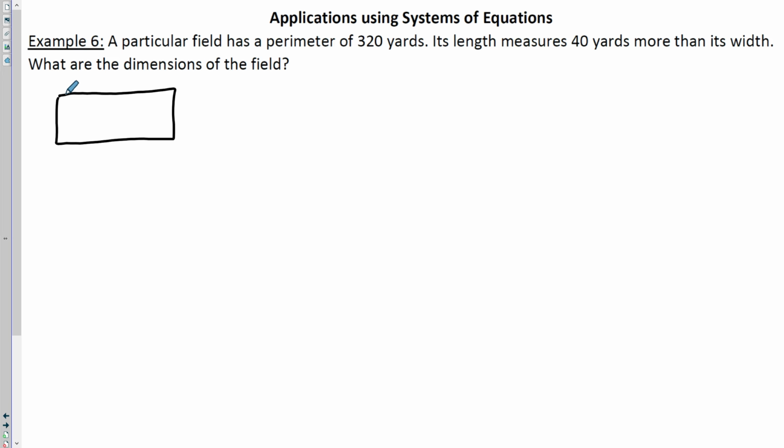That length and width only makes sense when you have a rectangle. So we're describing, honestly, a rectangle here. And they told us some information about the length and the width, and some other information as well. So what are we going to do to solve this? Well, if we think of this in terms of steps, step 1 is we want to write the system of equations.